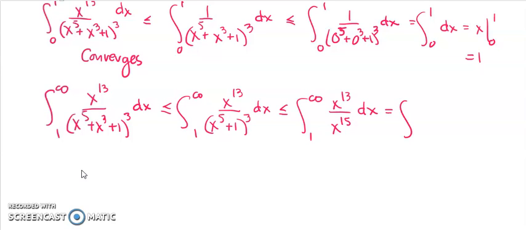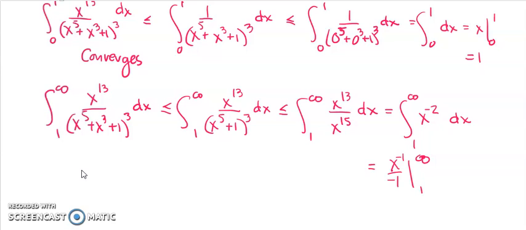That equals the integral of 1 over x squared, which is x to the minus 2, from 1 to infinity. That is an upper bound, so let's integrate it: add 1 to the exponent and divide by the new exponent, giving x to the minus 1 over minus 1, evaluated from 1 to infinity.